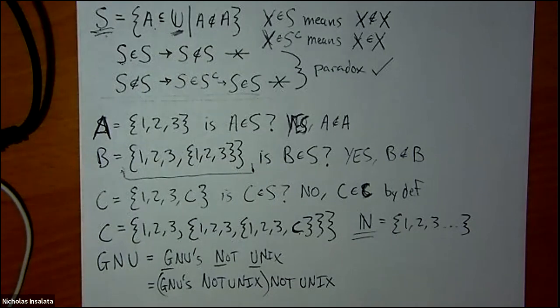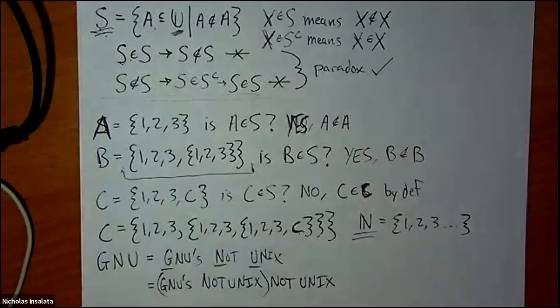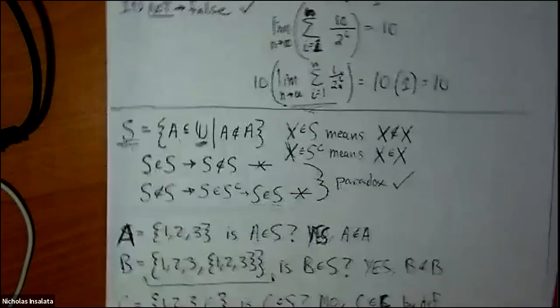Alan Turing took the same argument and came out with a different theorem for computer science rather than for math. But the essence of the argument is the same. It still has Russell's paradox as the essential part of the argument. And so let's talk about that, right?